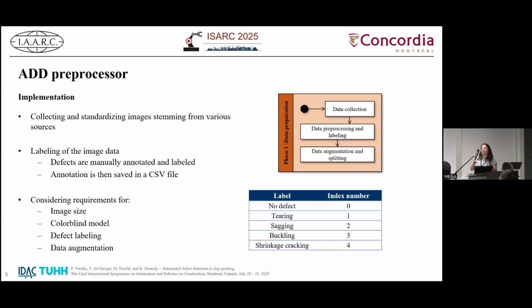We want an image that is big enough to provide the context for proper defect detection, and a color-blind model to reduce the variability due to material color.